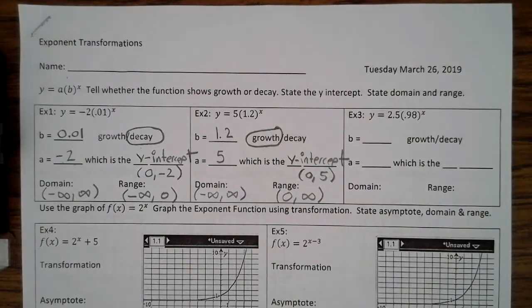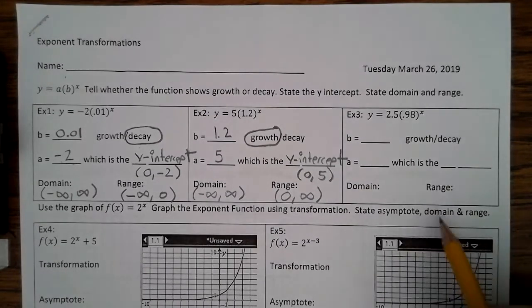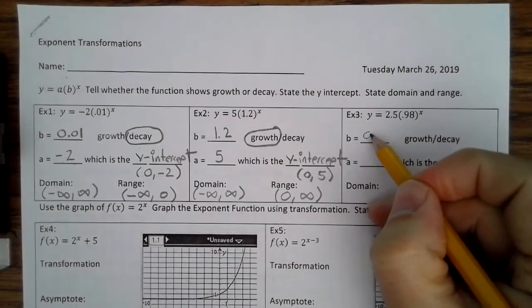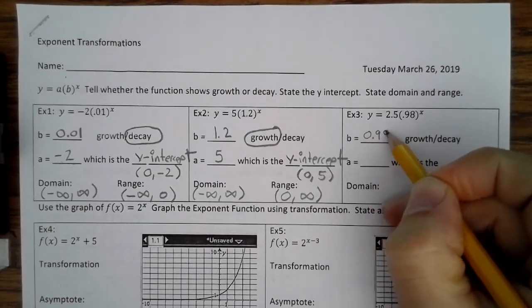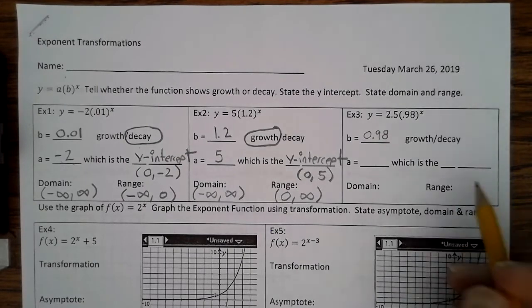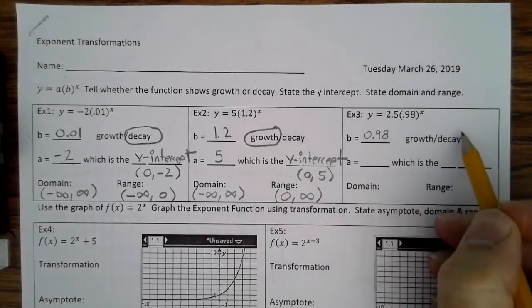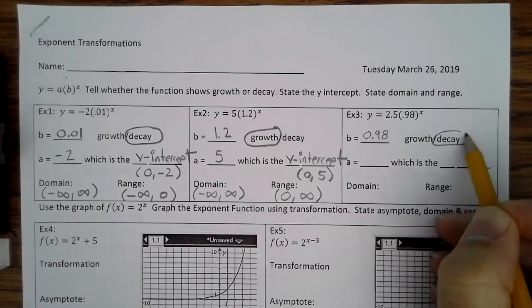Okay. Example 3. So the b value is in the parentheses, so 0.98. Now, since the b value is less than 1, it's decay.